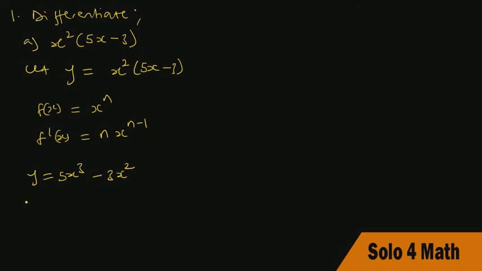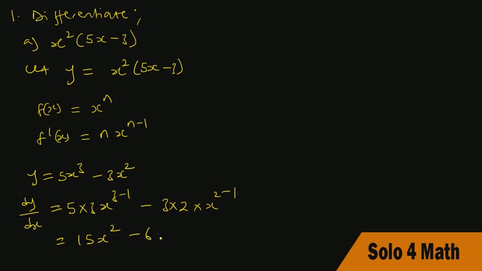So dy dx is equal to 5, the 3 drops down, times 3 x to power 3 minus 1, minus 3 times the 2 drops times x to power 2 minus 1, which gives us 15x squared minus 6x, and that is the derivative of that function.